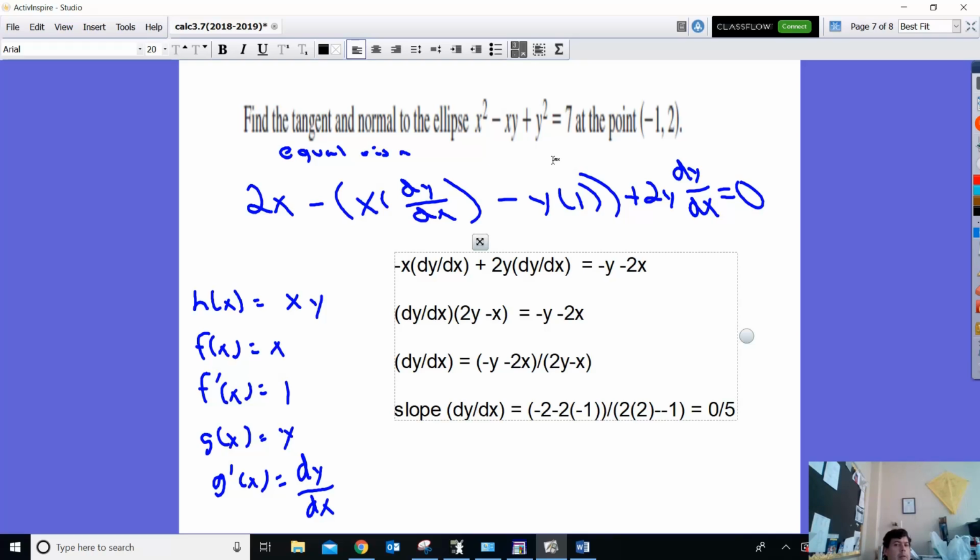All right. Now, what slope did you find? Did you find the slope of the tangent or the normal? What's the slope of the tangent? What's the slope of the normal? It's 3 over 0, which is undefined.